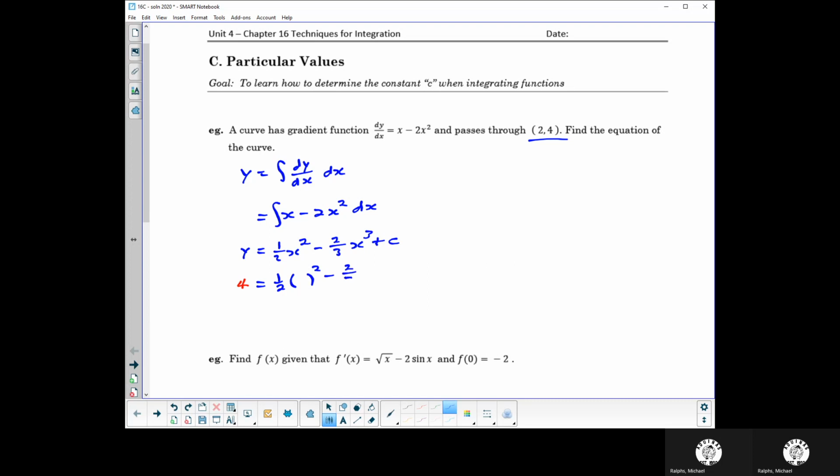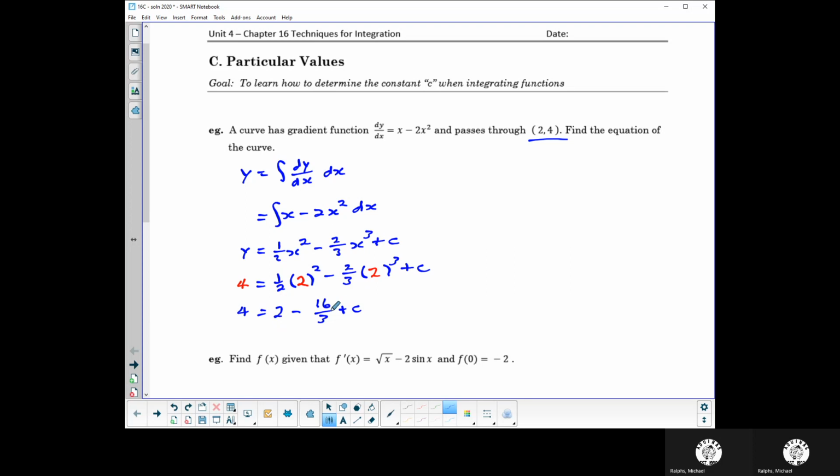So I'll just write these values in. That's the x value of 2. And then, of course, 2 squared is 4, divided by 2 gives us 2 here. The y is 4. And then 2 to the power 3 would be 8, multiplied by 2 gives us 16/3, plus c.